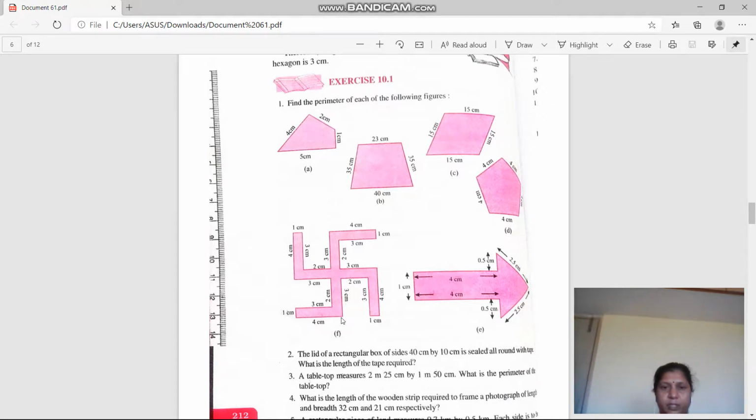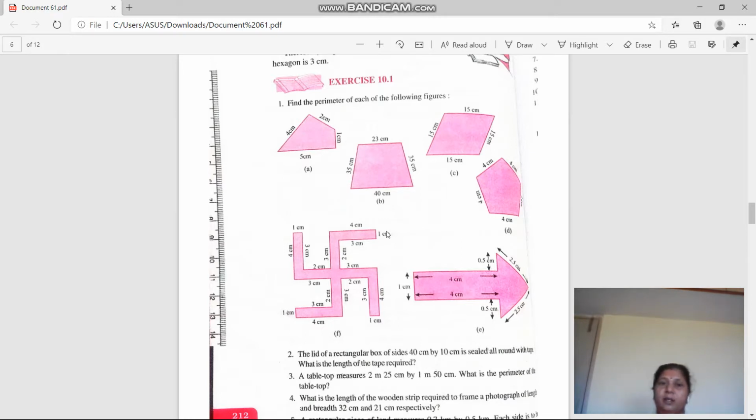I am just moving the cursor because I want to tell you how you have to take the lengths. I will not add them.